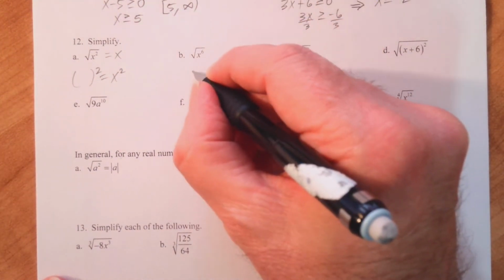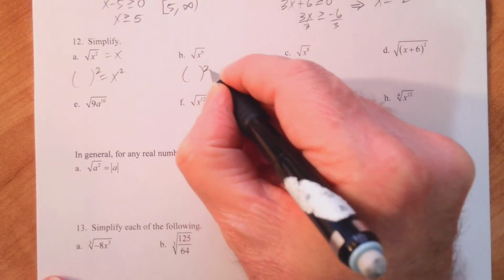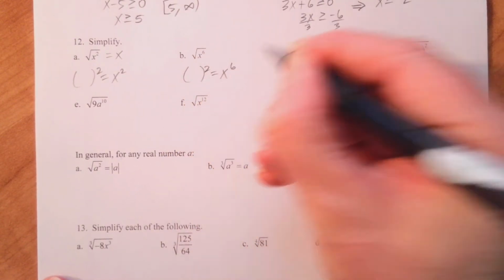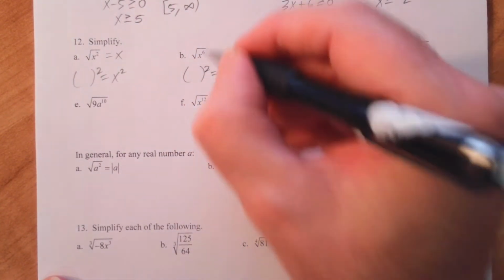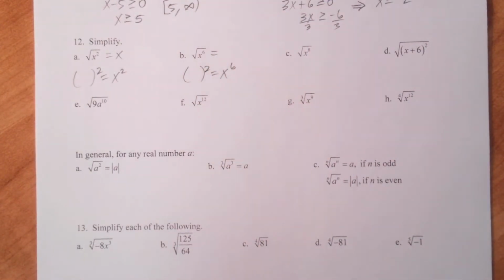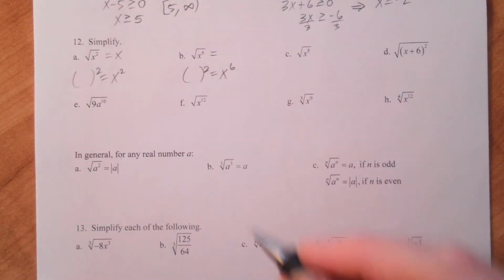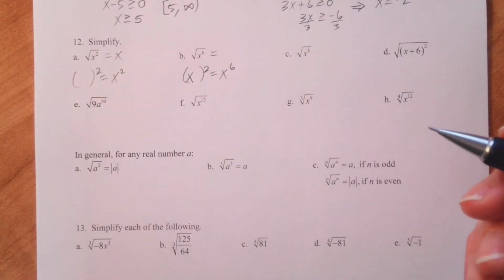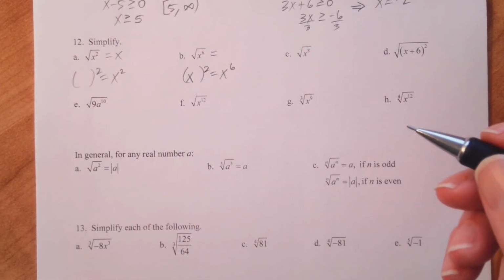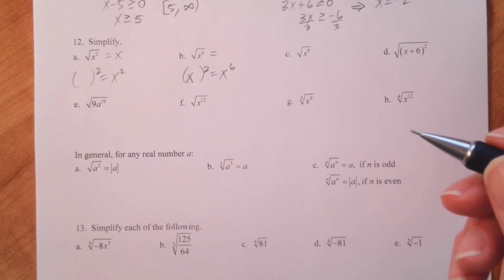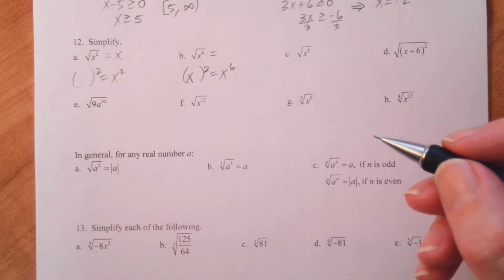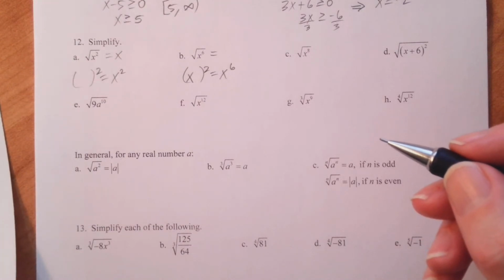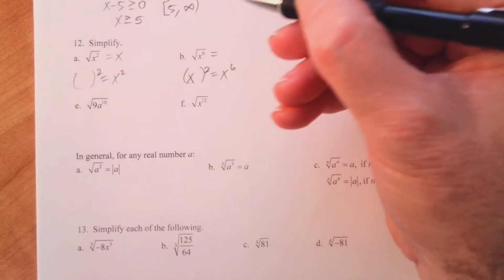Well, here we're looking for some number that you square that gives you x to the sixth. What would that be? Well, it's got to be a power of x, and we have a power rule. Let me remind you what that is.